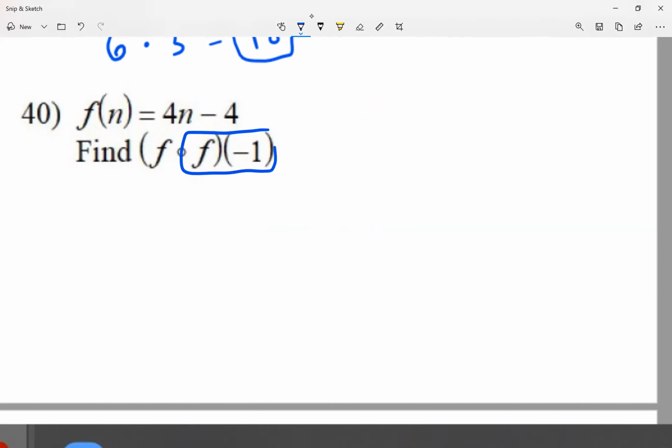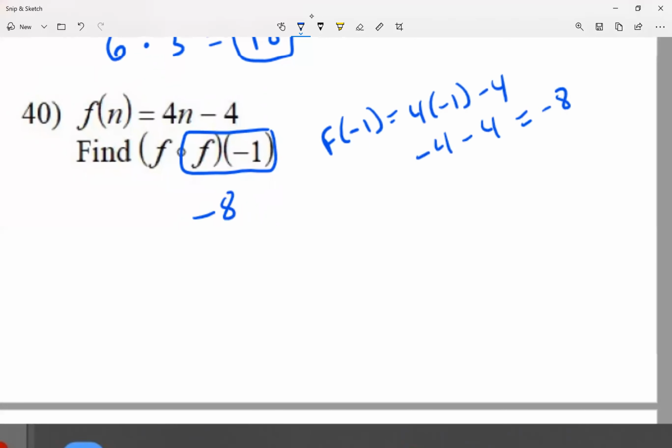First of all, let me find out what's f of negative 1. All right, so f of negative 1 is 4 times a negative 1 minus 4. So I have negative 4 minus 4, which is negative 8. So f of negative 1 is negative 8.